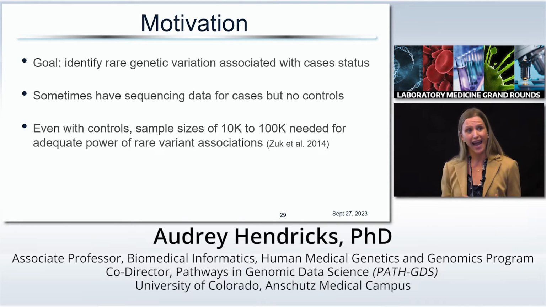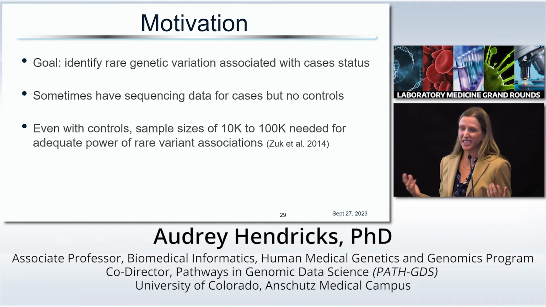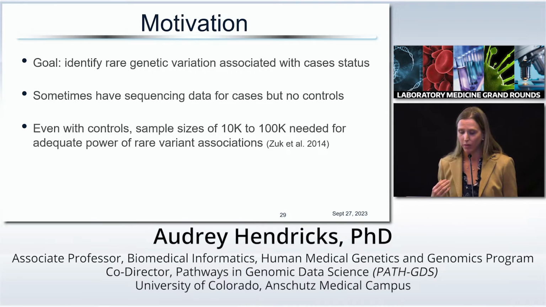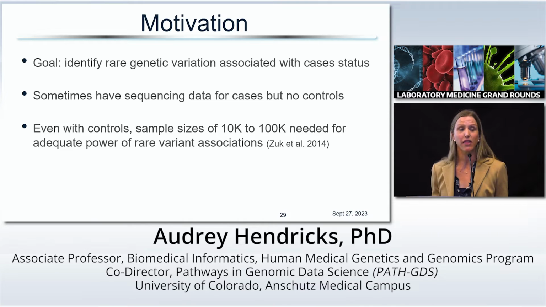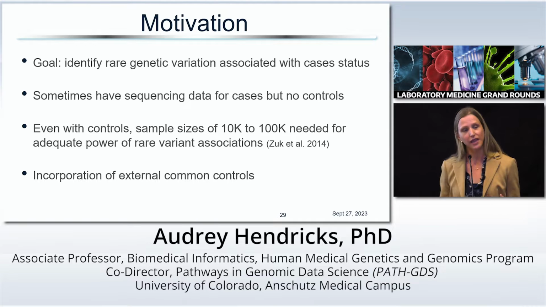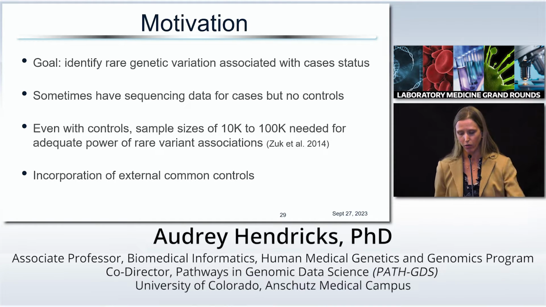Or perhaps we have a control set, but it's just not a large enough sample size, because really we need sample sizes of 10,000 or even 100,000 for adequate power. And so in these situations, we might consider incorporating external common controls.